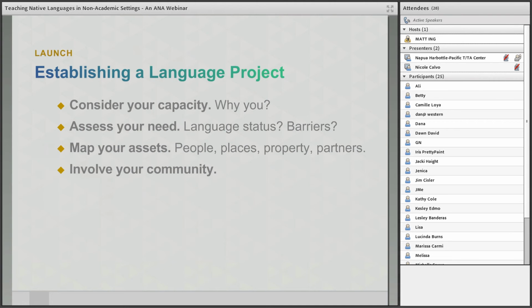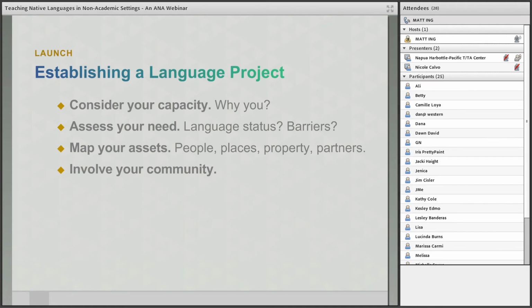Okay, when you're establishing a language project, in part of the launch section, and this is the early part, you have to consider your capacity. Why is it that your organization is going to be the one that can really make an impact on this language in your community? You also have to assess your needs. What is the language status?